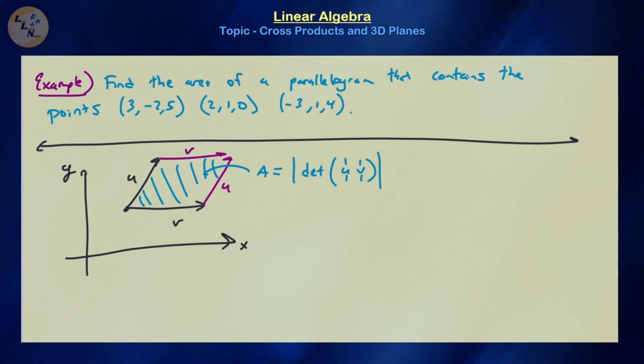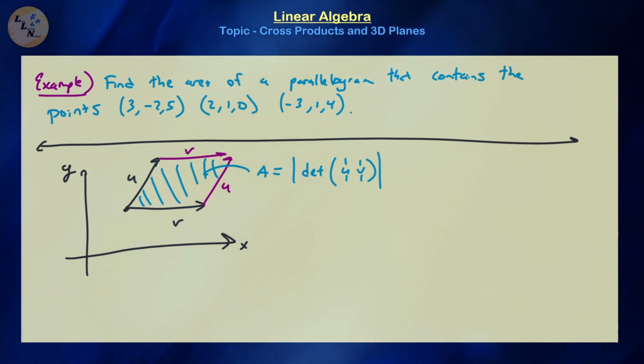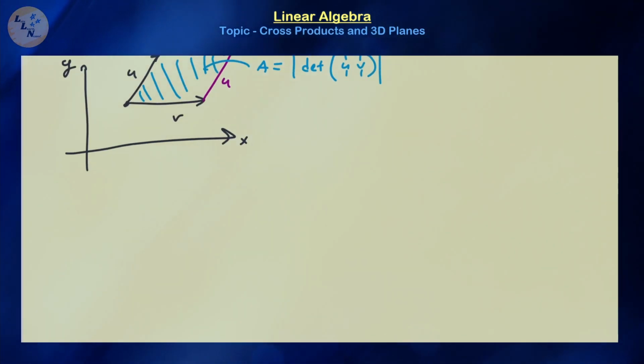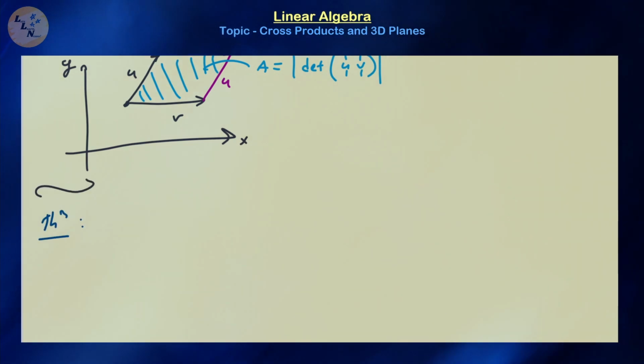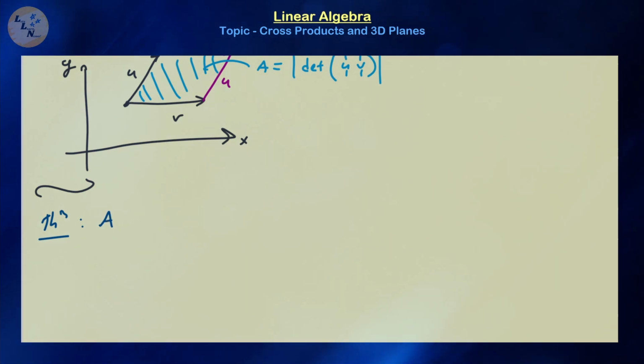Is there an extension of the area of a parallelogram in 3 dimensions? Actually, yes, there is. The theorem that we're going to prove is that the area of our parallelogram in 3D is going to be the norm of the vector u cross v.